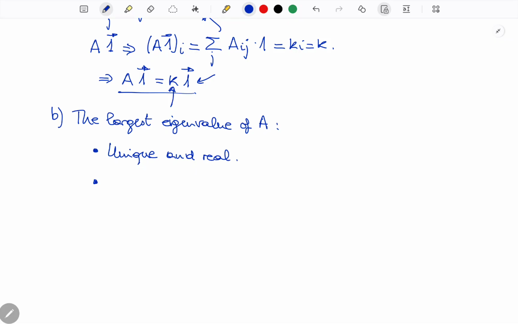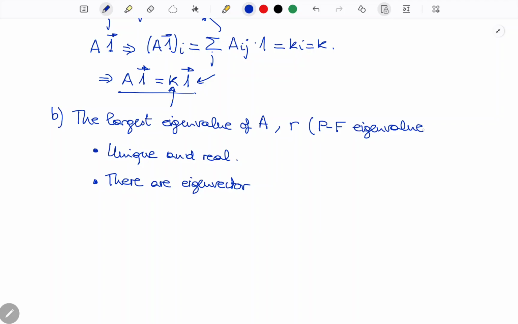More things. This largest eigenvalue is going to be r, which is the Perron-Frobenius eigenvalue.